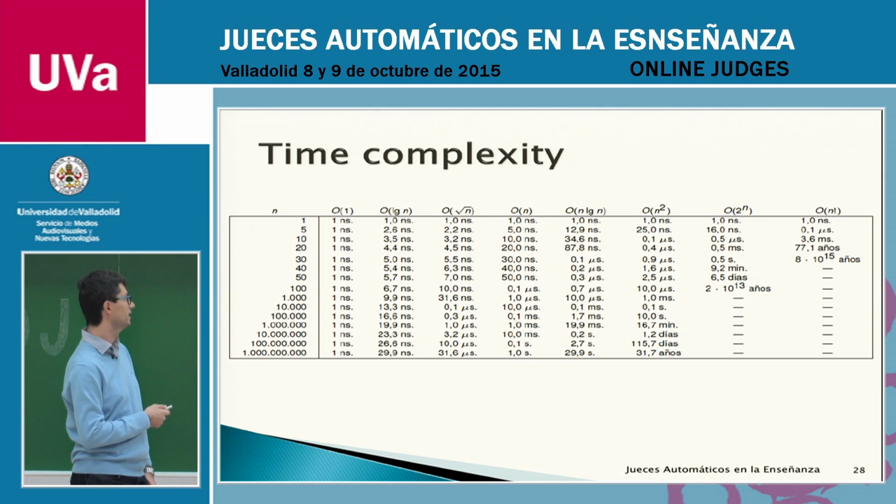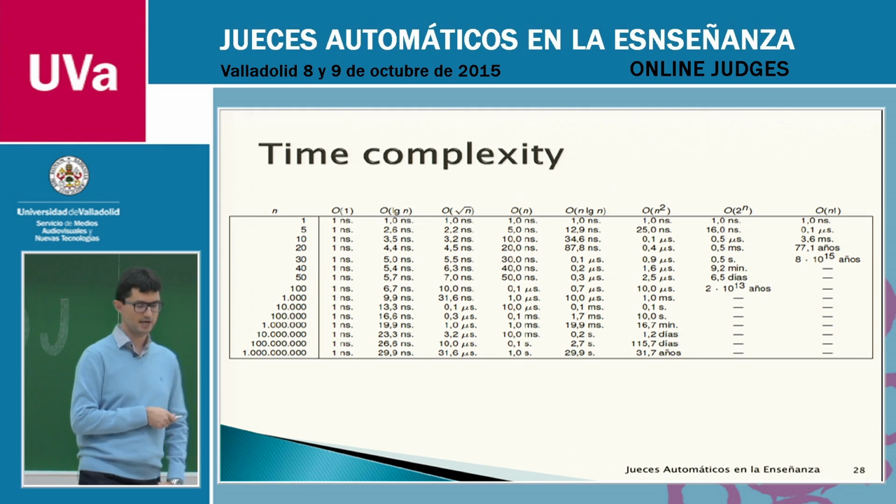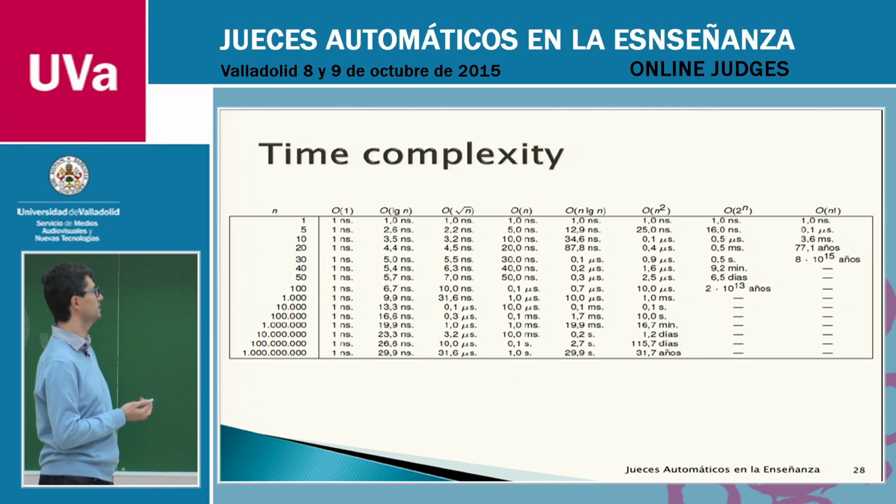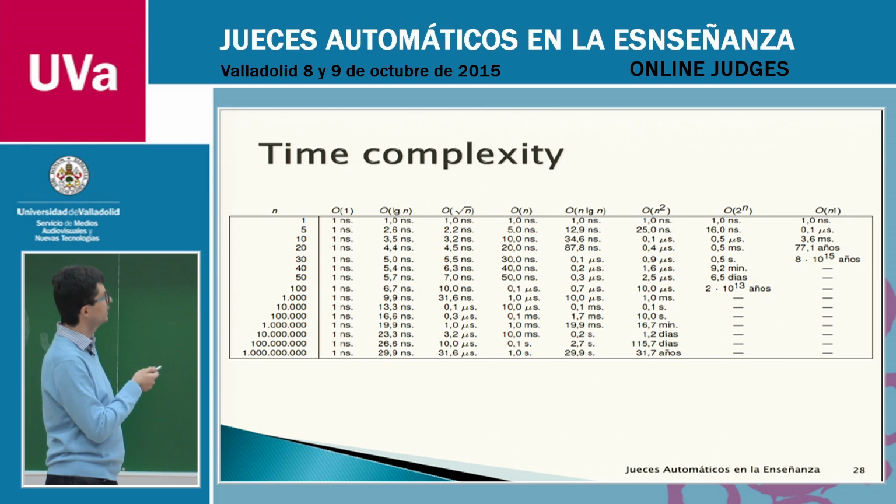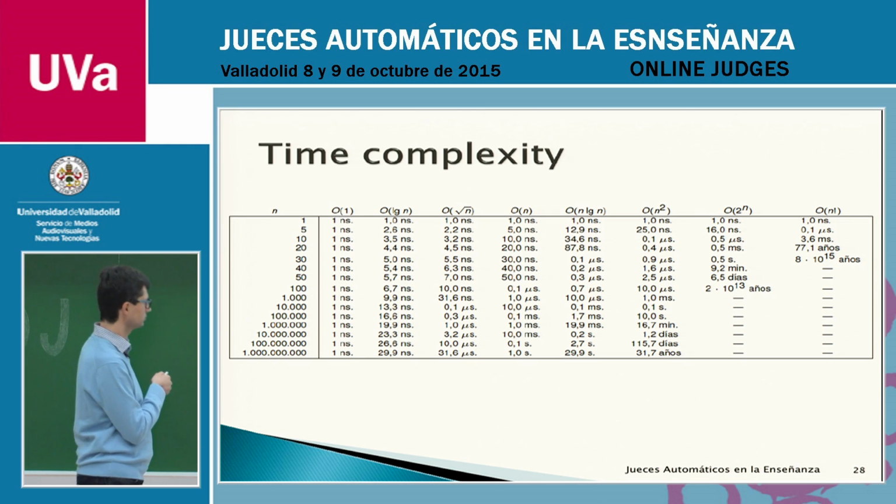So here I have a table which tells us about the complexity and the time related with that complexity. Here we have the size of the problems, and here we have the time it takes to solve, if we think that a problem of size 1 takes 1 nanosecond.